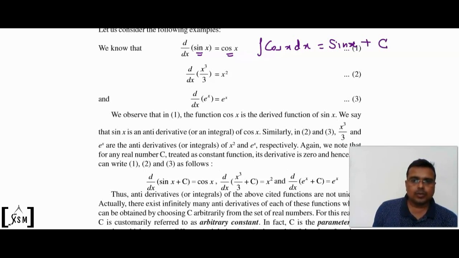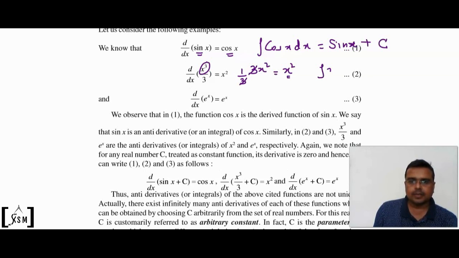Similarly, you know that differentiation of x cube over 3, how to differentiate that? Let me differentiate that first. 1 over 3 is constant and x cube differentiation is 3x square. So 3 gets cancelled. So basically x cube over 3 differentiation is x square.